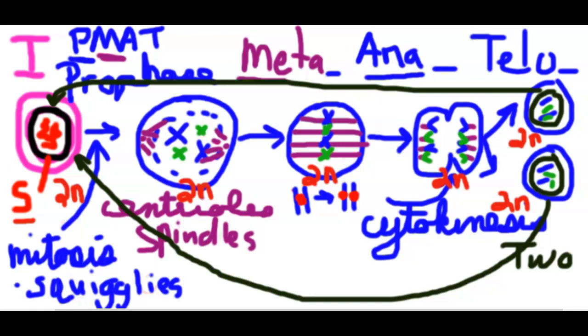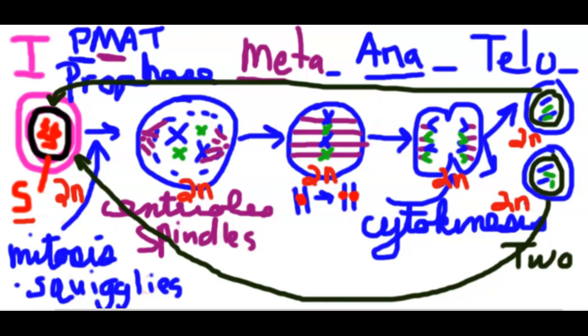Question number 2. How many chromosomes will be present after anaphase has taken place? We know chromosome number never changes. So now it's going to go back from being 6 dyads to each cell having 6 monads.